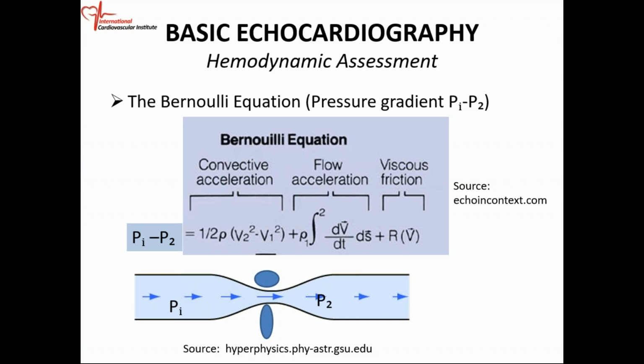All right, we'll come back to that, but let's look at the Bernoulli equation, because understanding it is very important. If we have a closed circuit and we have point 1 and point 2, you have flow from point 1 to point 2. The difference in pressure between point 1 and point 2 is what we call the gradient.